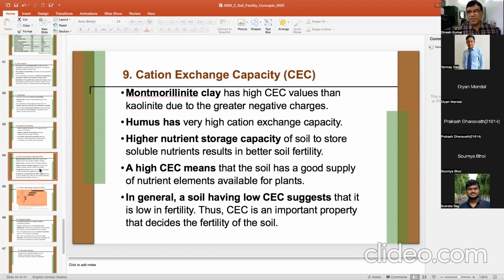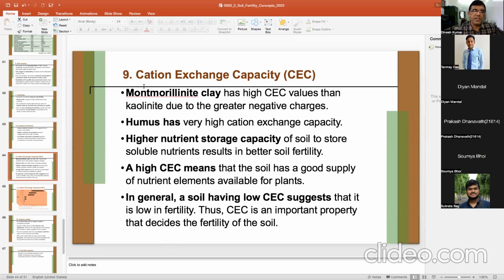Now, cation exchange capacity, as some of you have told, the higher the cation exchange capacity, the more nutrients can be held by the soil. Therefore, normally higher cation exchange capacity is related to higher soil fertility. Montmorillonite clay has higher CEC values than kaolinite due to greater negative charges.